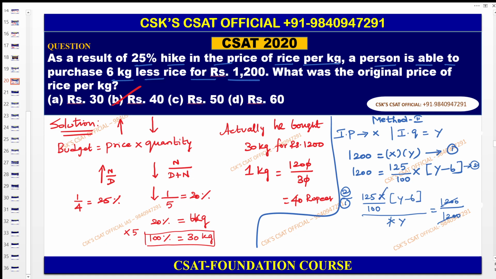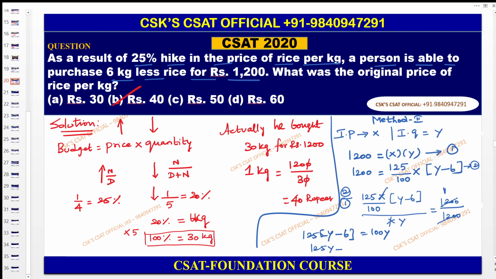Now here cross multiply that 100. So therefore 125 into (y minus 6) is equal to 100y. Since the denominator is getting multiplied, you just bring that towards the RHS. Now rearrange this one. 125y minus 6 into 125.